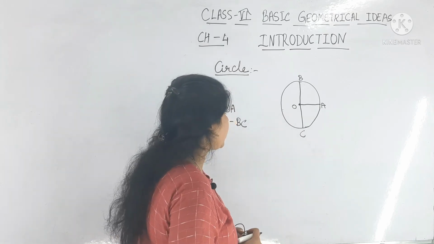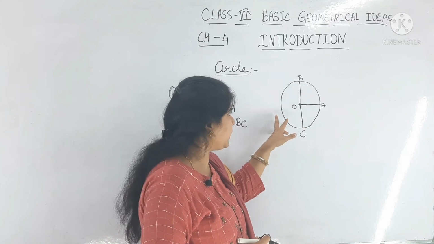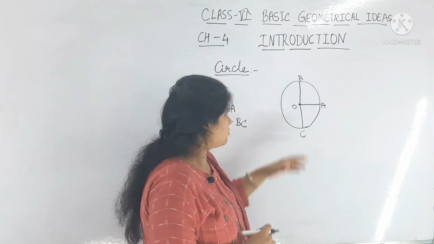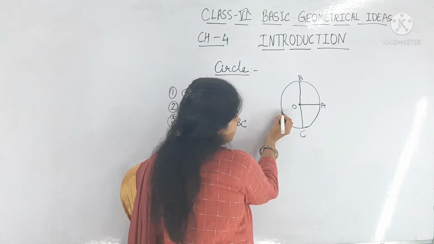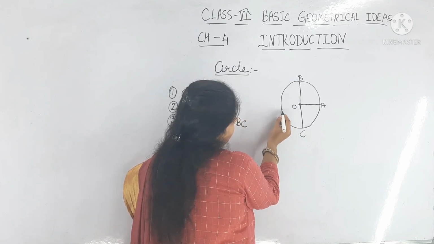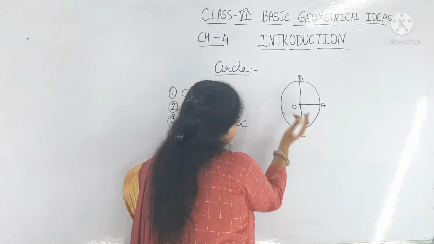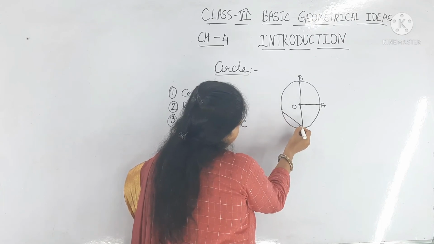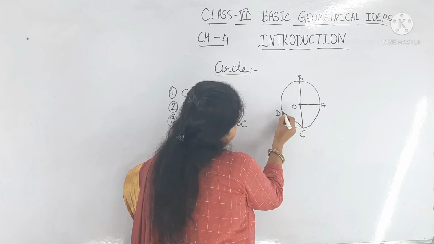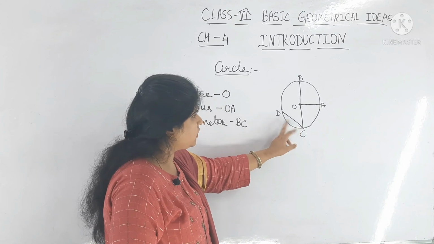So how do you make a chord? You should not make a chord through the center. You have to make a chord with points on the circle only. If I take a point here and I meet this like this, I am giving this point D. So this is one line segment meeting the two end points.